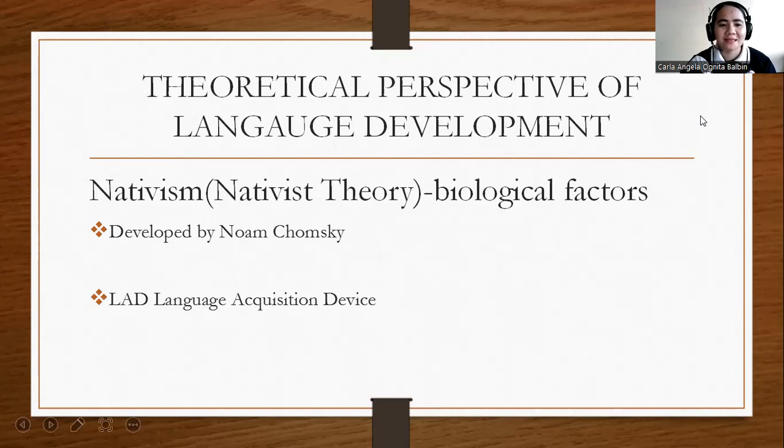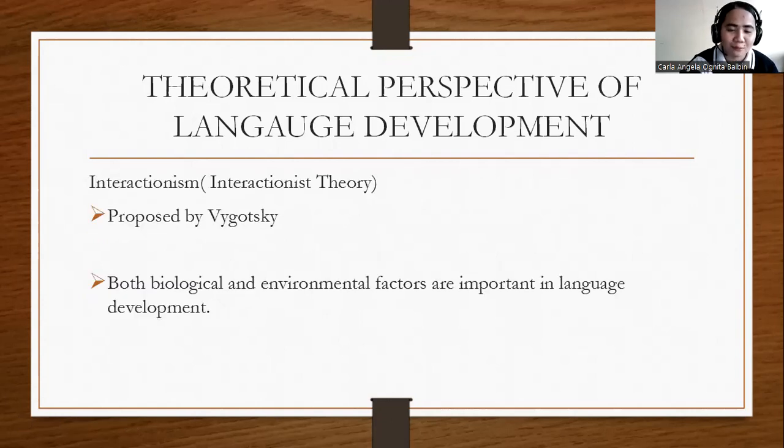Next is the interactionism or the interactionist theory proposed by Vygotsky. So both biological and environmental factors are important in language development. So this biological and environmental pertain to the nativism and behaviorism theories.